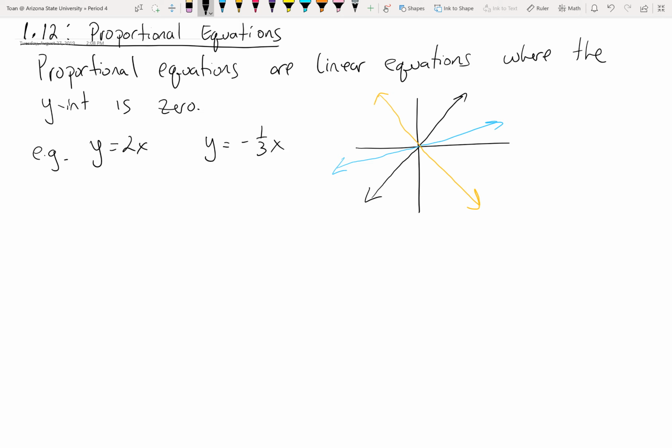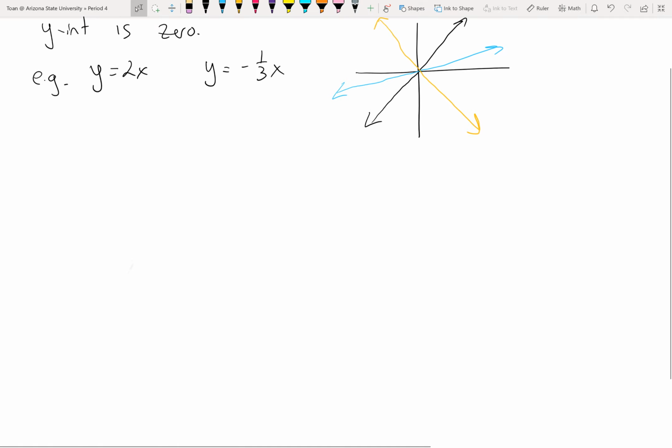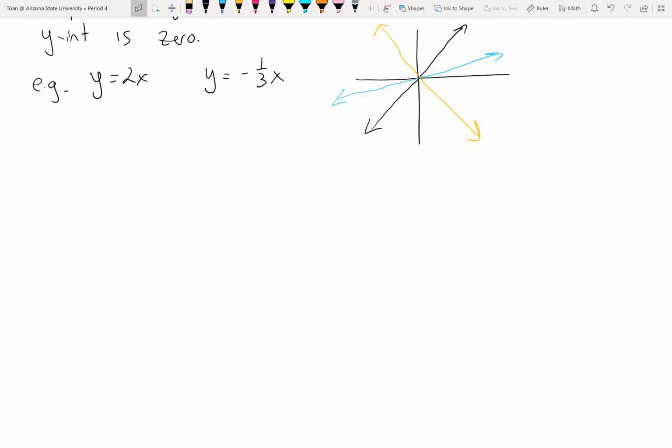So when it comes to writing proportional equations, which is the topic of 1.12, we have to talk about the different types of proportionality relationships out there. And there's basically only two. So here's the phrase or sentence to keep an eye out for. If you read something like this, y is directly proportional, or they could phrase it as varies directly.